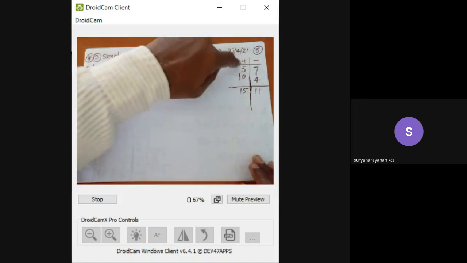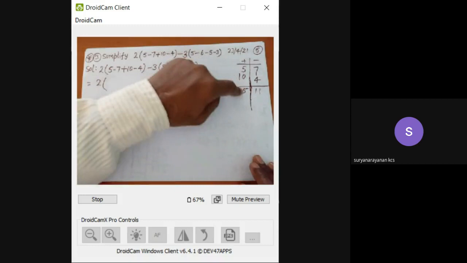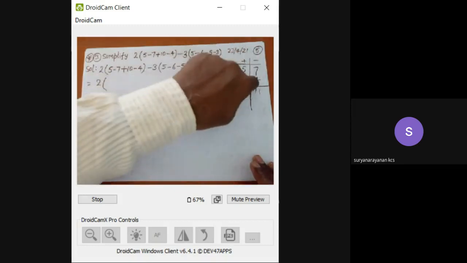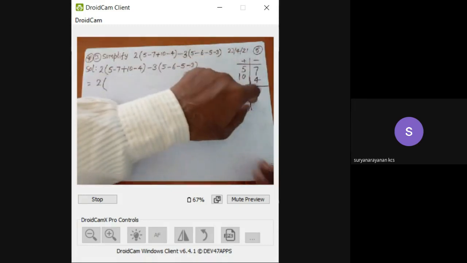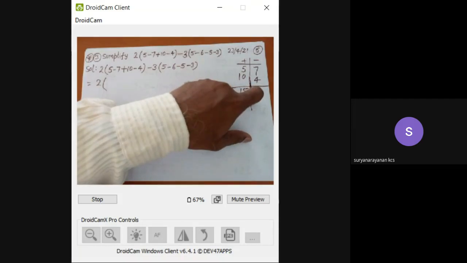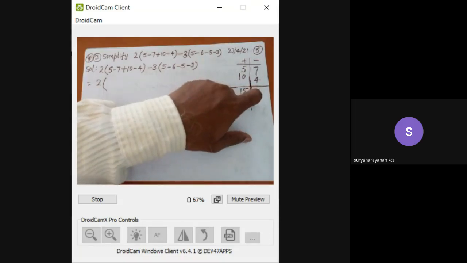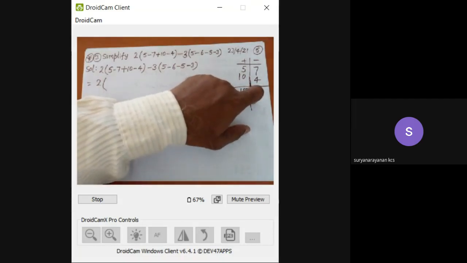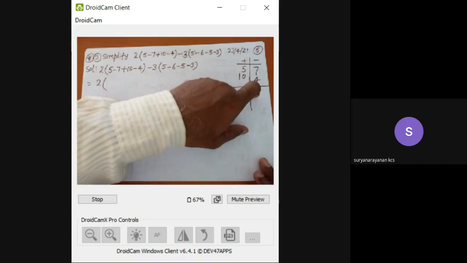Previously, I told you all the numbers in this box should be added. Harini and Shanti, listen carefully. Pay attention here.